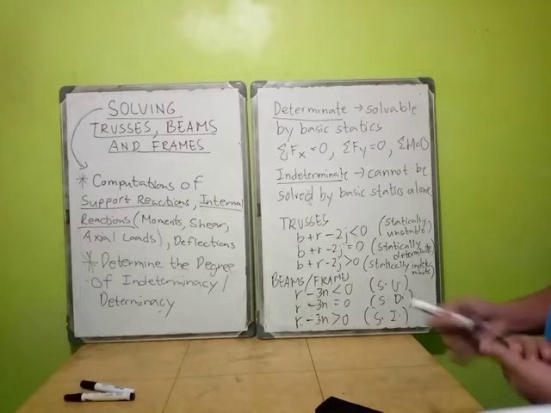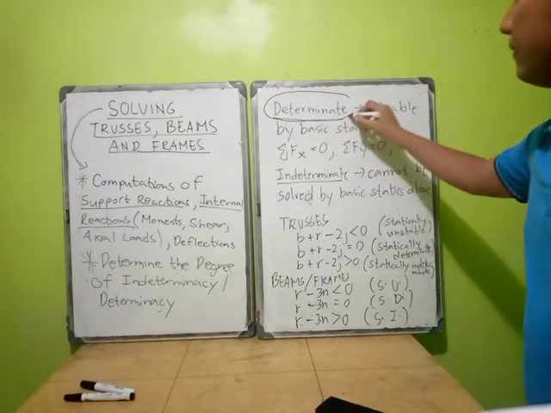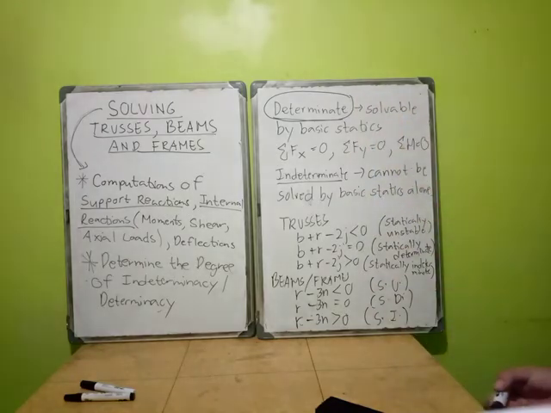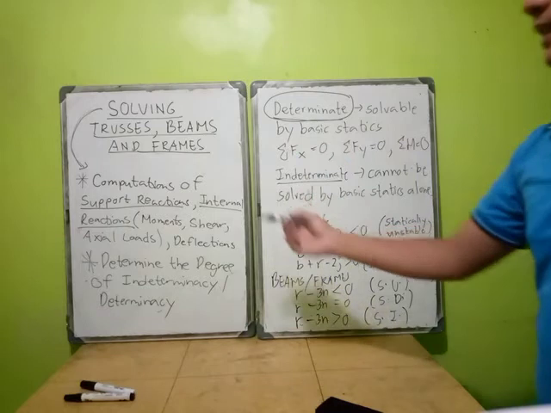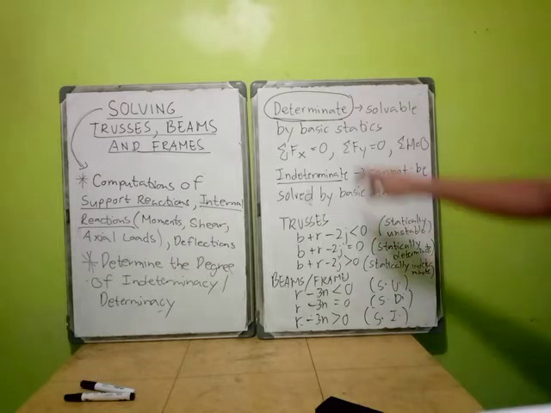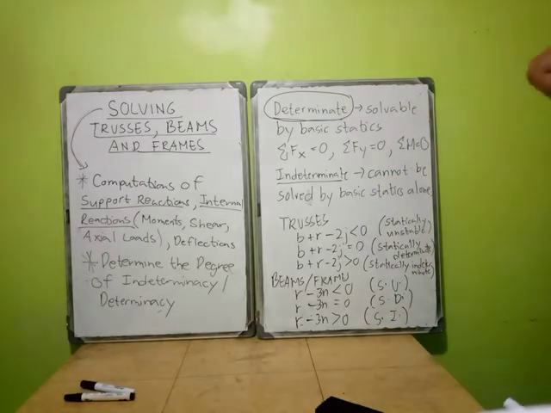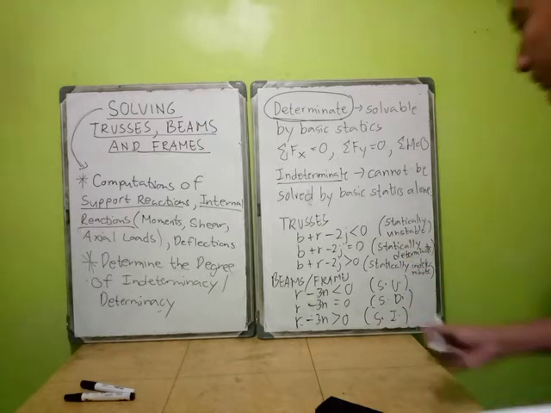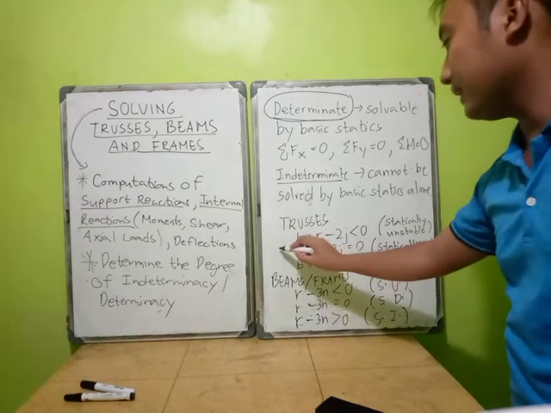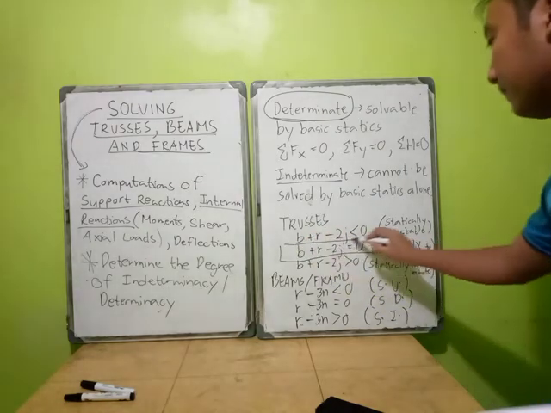Yung una nating i-concentrate is yung determinate structures, whether trusses, beams, and frames yung isosolve mo. Okay? So, dito muna tayo sa determinate structures. Kapag trusses, B plus R minus 2J is equal to 0.